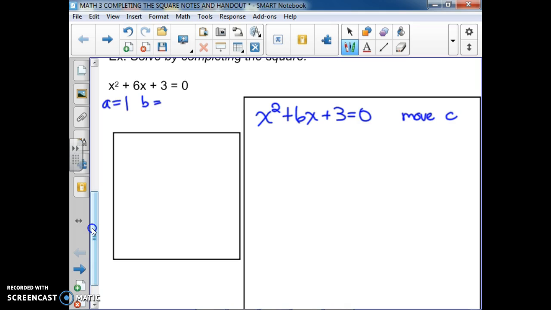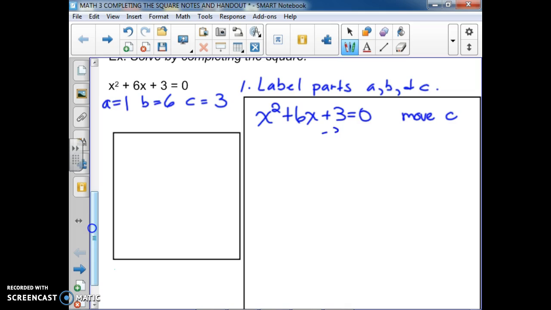So our A is 1, our B is 6, and our C is 3. So let's make that our first step. Step 1, label.